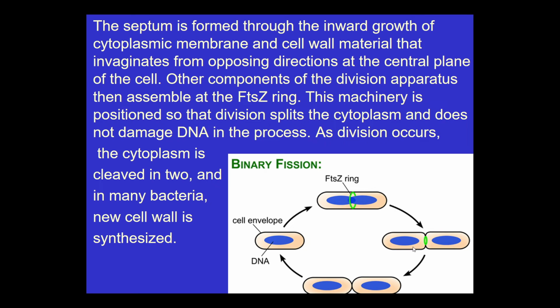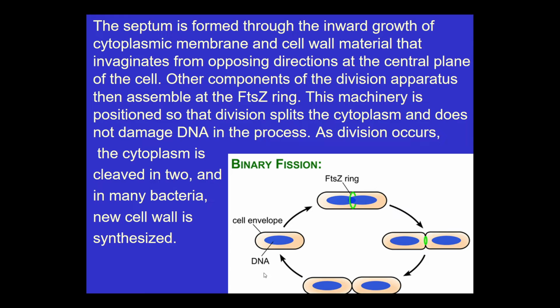And then the septum is formed through the inward growth of cytoplasmic membrane and cell wall material that invaginates from the opposite directions in the central plane of the cell. Other components of the division apparatus then assemble as the FtsZ ring. This machinery is positioned so that division splits the cytoplasm and does not damage DNA in the process of the division.